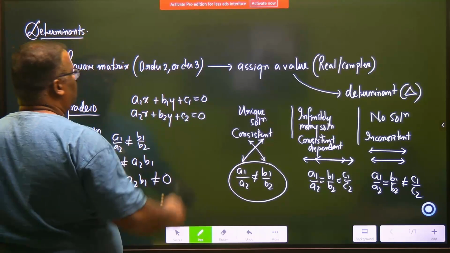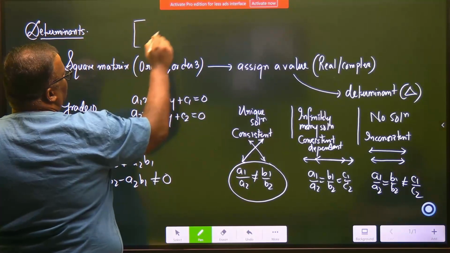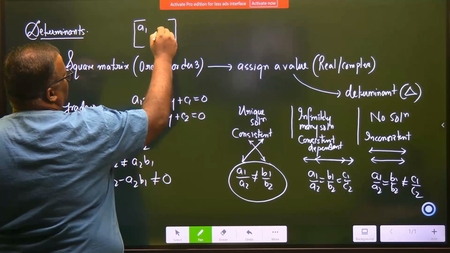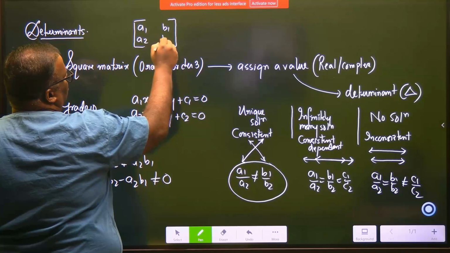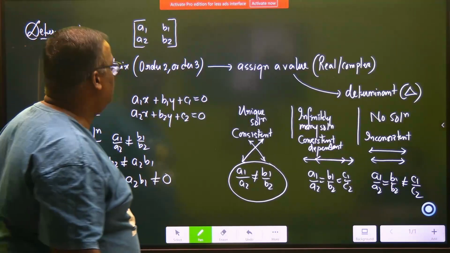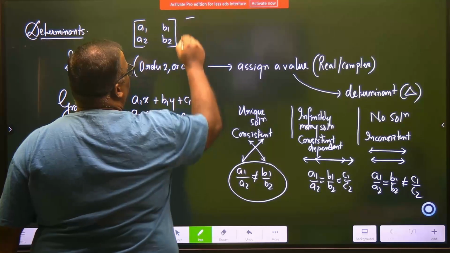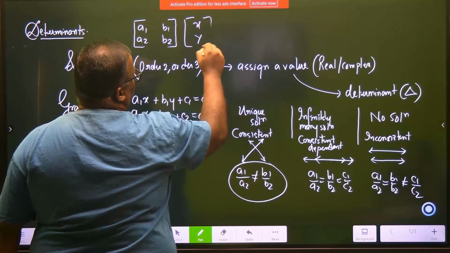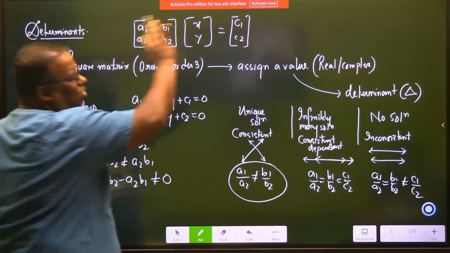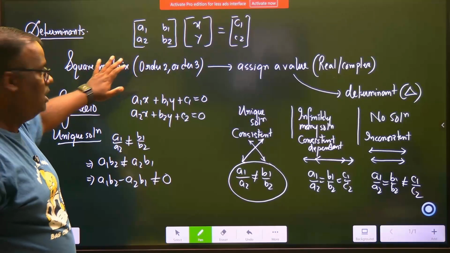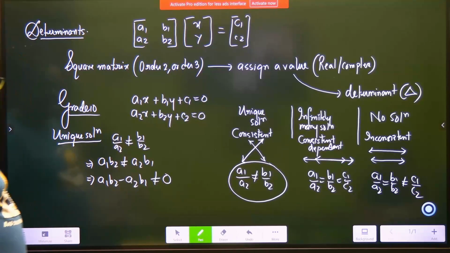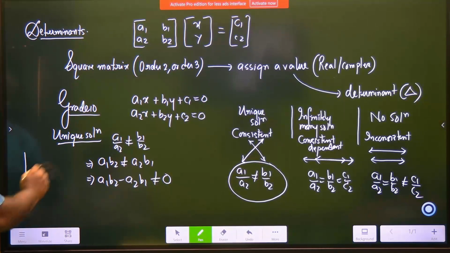Actually, we can put all these things in this manner. Let's make a square matrix, and in that square matrix, let us put A1, B1, A2, B2. Got it? And then we can put a column matrix XY, and this will be equal to C1 and C2. Don't bang your head on this. Now, this relation is more important to us. This relation comes from setting up a determinant.